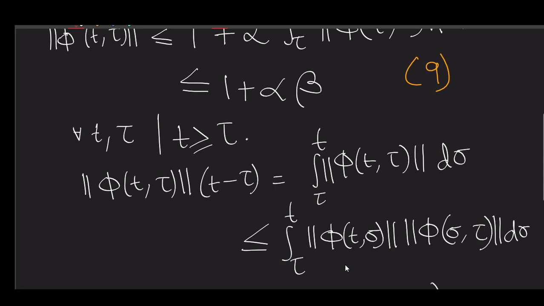See, this is not dependent on sigma, so this integration will consider this gentleman as a constant. At this stage it will consider it as a constant. Now we are exploiting the property of norm, that is norm AB is less than or equal to norm A into norm B. Clear?